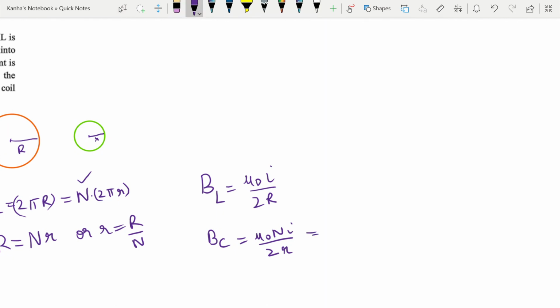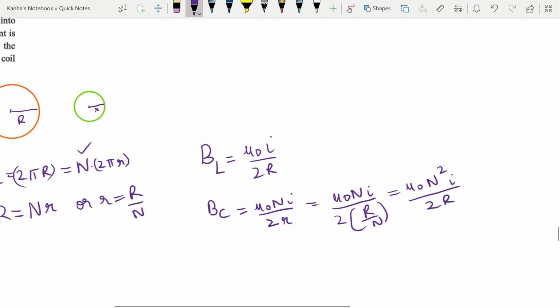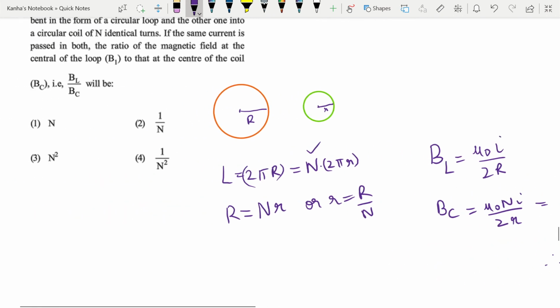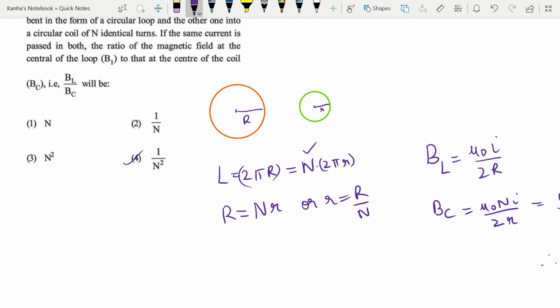So I can easily write the second one as mu naught capital N I by 2 into R by n, which is nothing but mu naught times n square I by 2R. This gives us that B_L by B_C is 1 by n square, which is one of the answers.